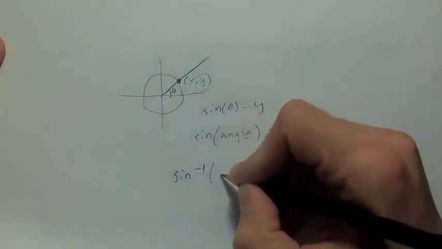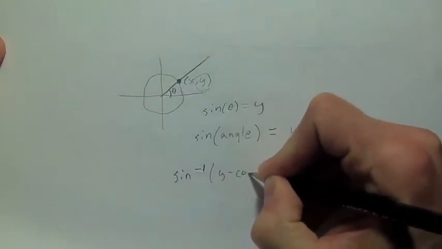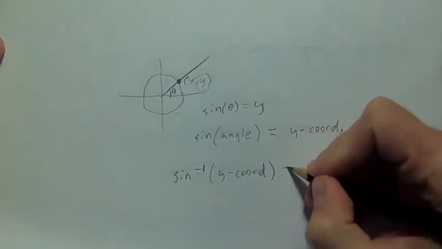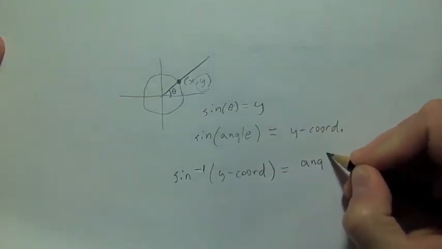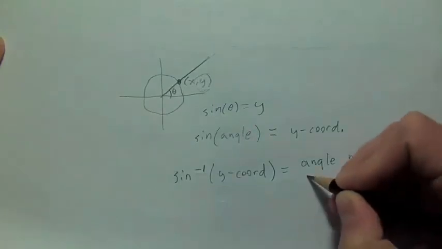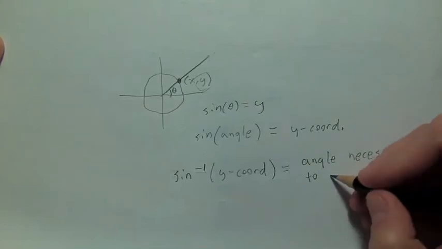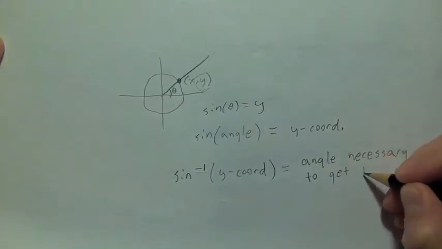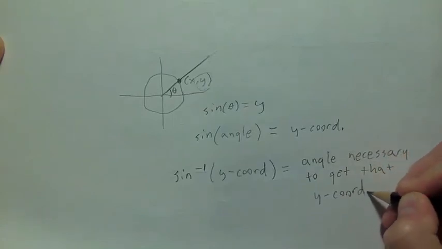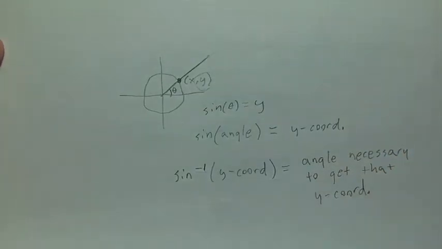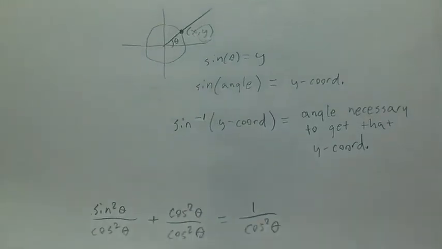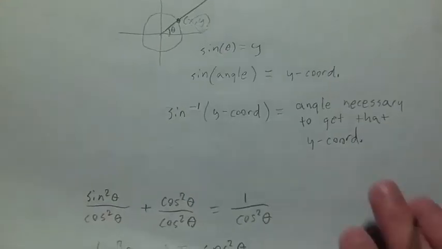We give it a y coordinate, and it tells us the angle necessary to get that. In other words, it does it a little differently. It does it kind of backwards.